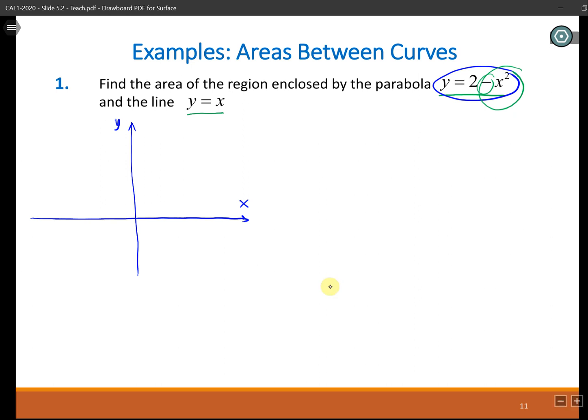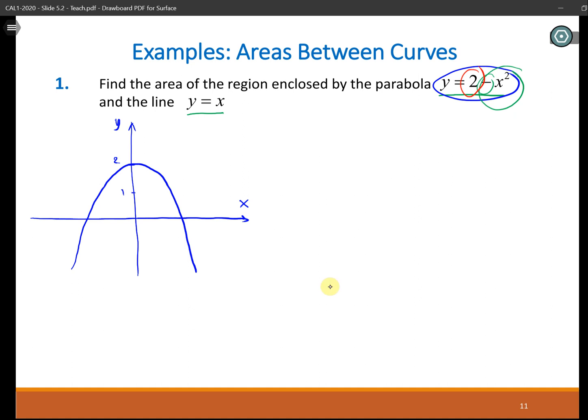But then we have this 2. It means that this is an upside down parabola shifted up 2 units. So shifted up 2 units, let's say here, and it's going to be an upside down parabola. Let's put that in the graph. Maybe something like this. We have 1 and 2. Okay, so that is the first curve.